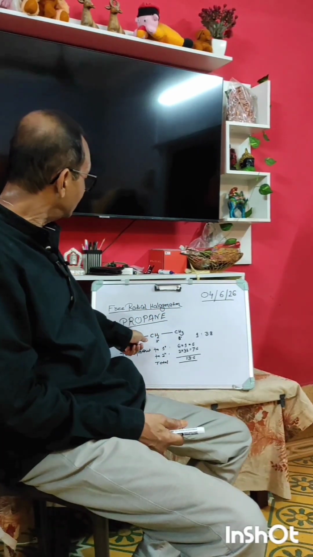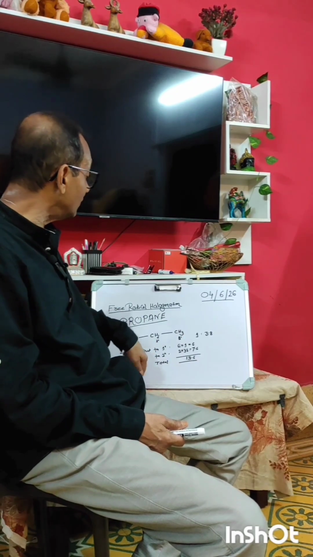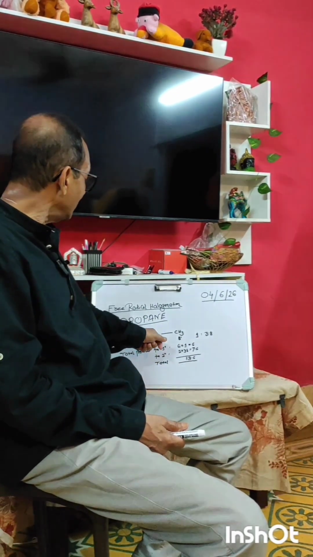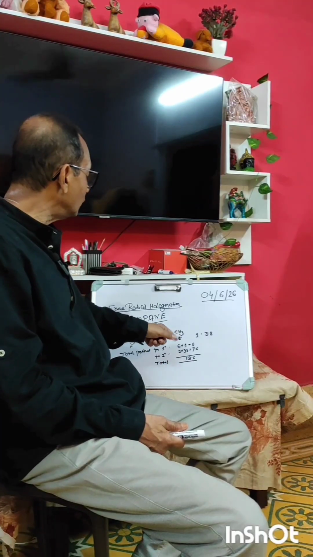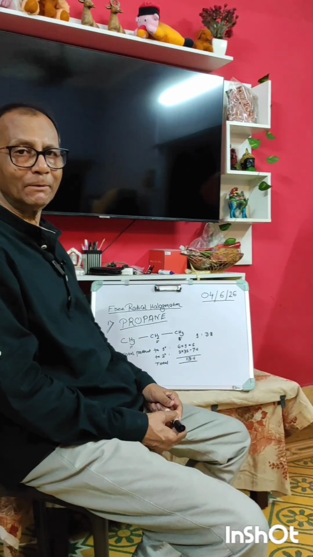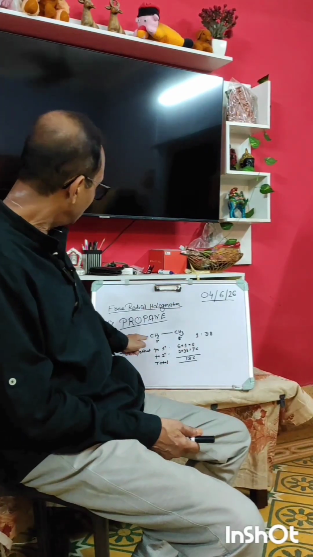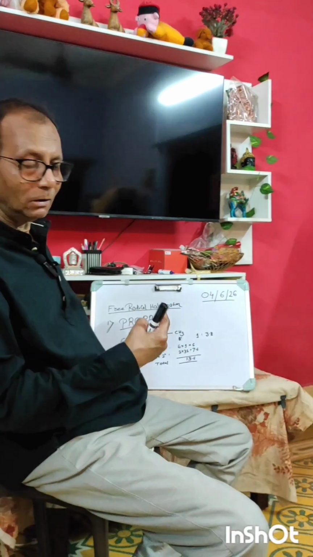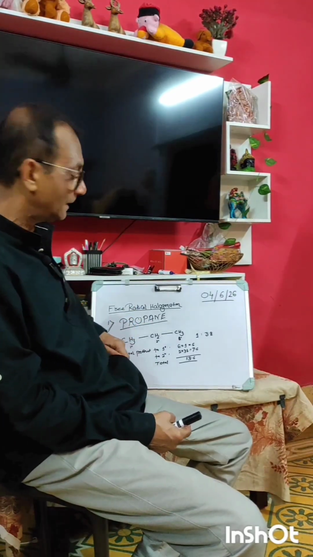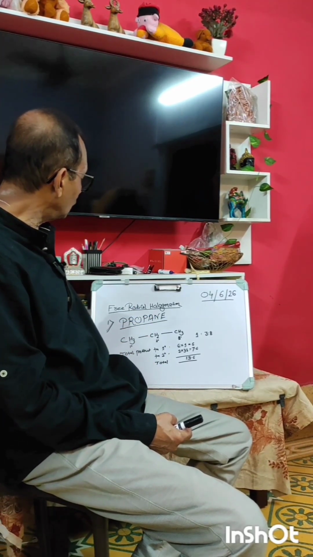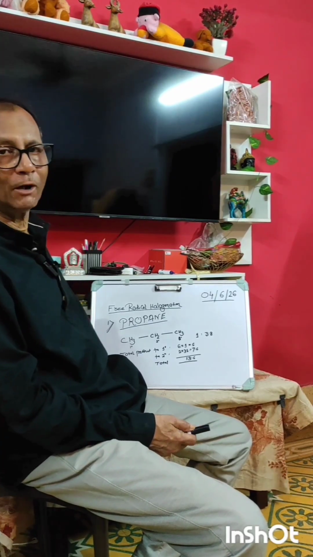That means 6 hydrogens will be replaced to give you 6 products, and 2 degree will give you 2 into 3.8, 7.6. Altogether you will get 13.6 products. So 6 will be 1-chloropropane, and for 2 degree, 2-chloropropane, it will be 7.6.